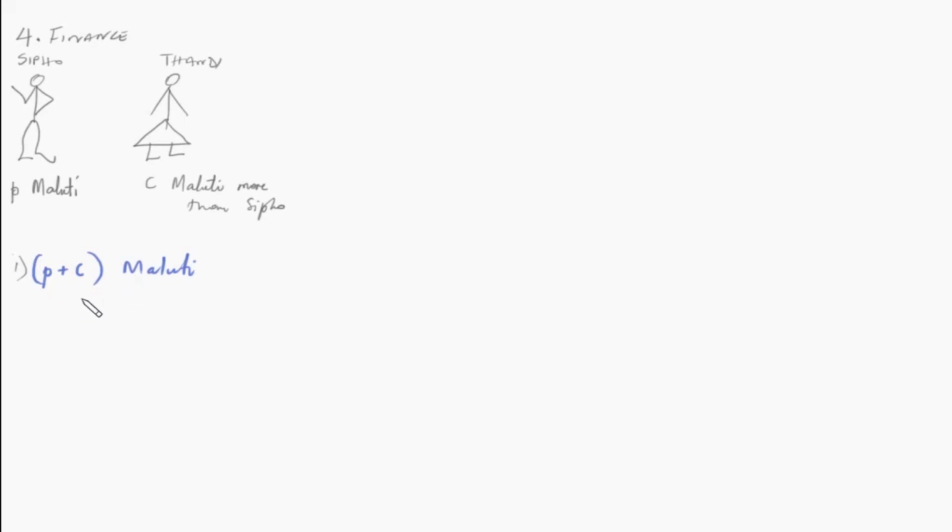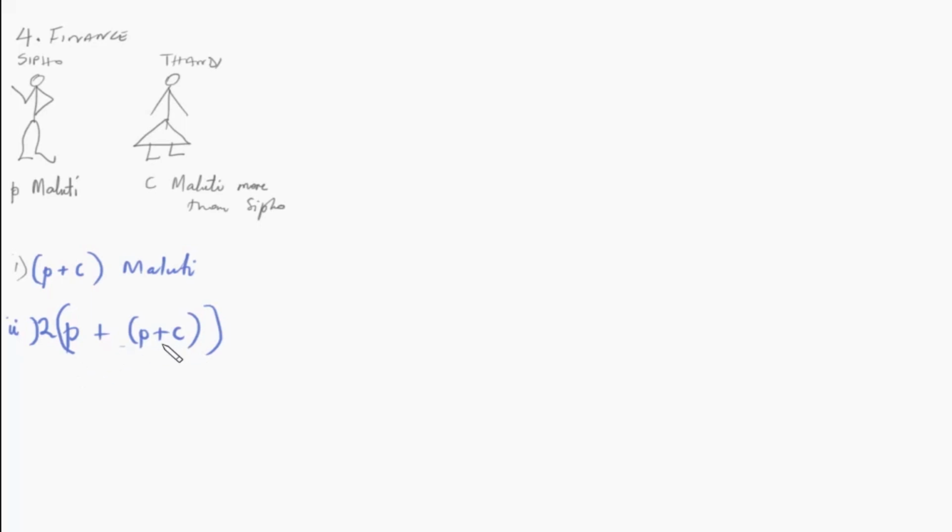So Sipho and Thandi together would be, Sipho is P, and then Thandi is P plus C. Then Nomsa is twice this, 2 times this together. So this is Nomsa's money.